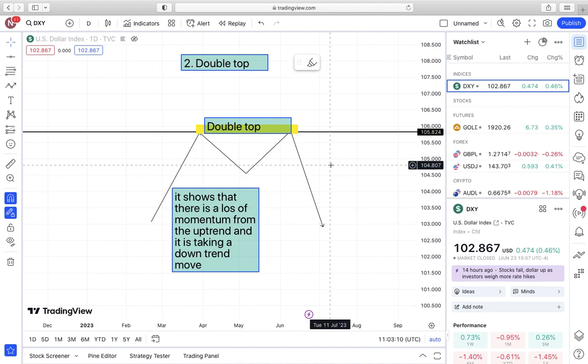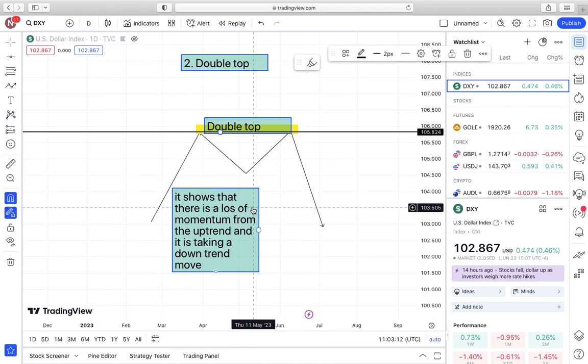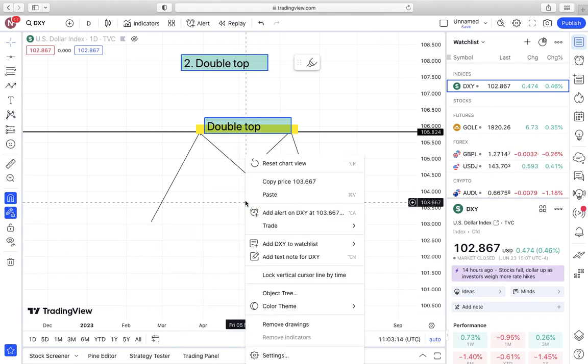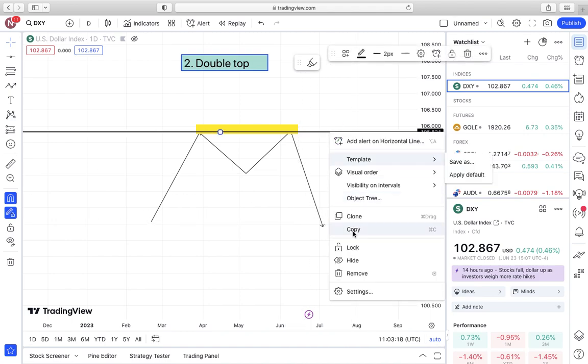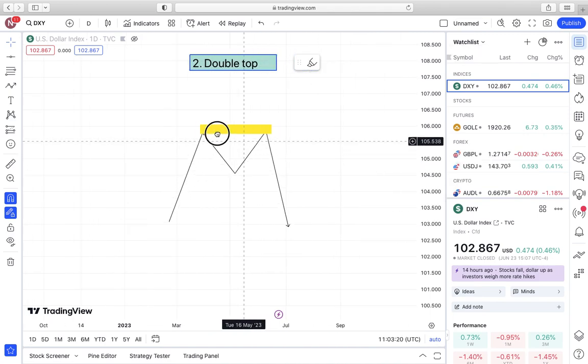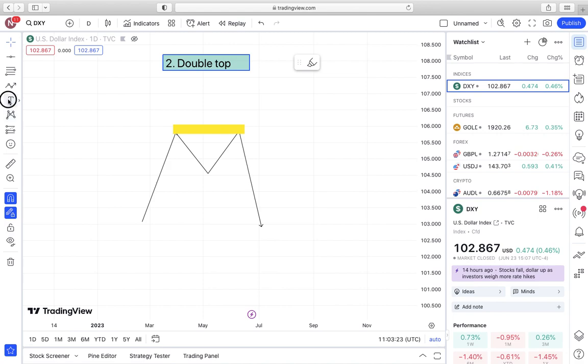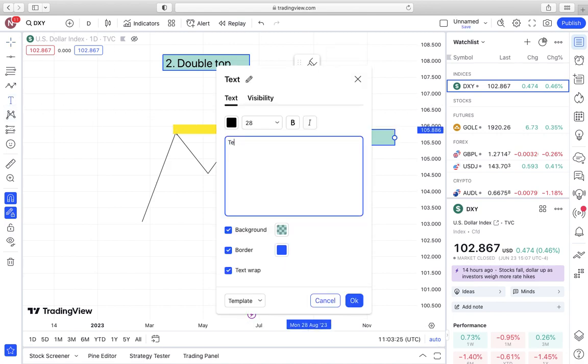Now, how do you trade this? Let me remove this. Then how do you trade double top? First, wait for a neckline break for an entry.